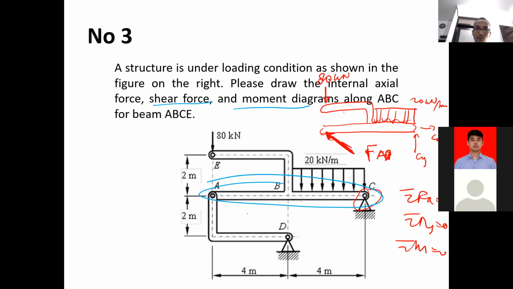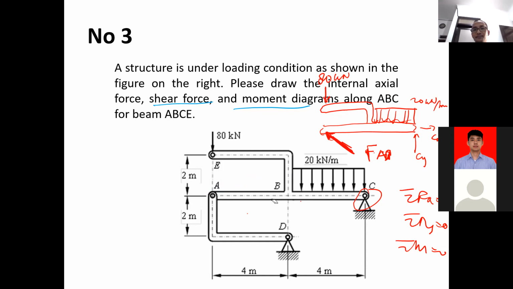Do you still remember how to determine how many cuts we need, Alberto? If there is no force, it must be continuous, so one cut can represent that part.